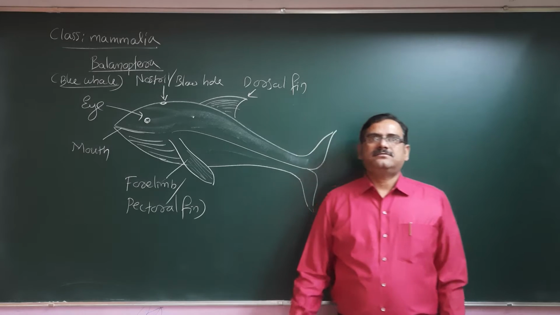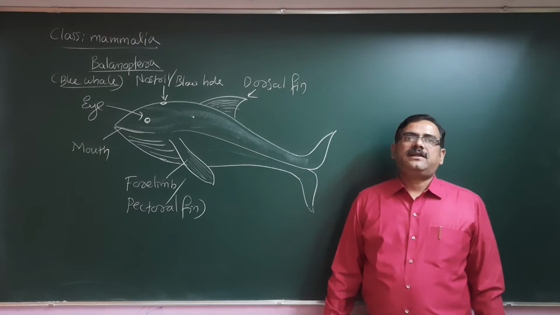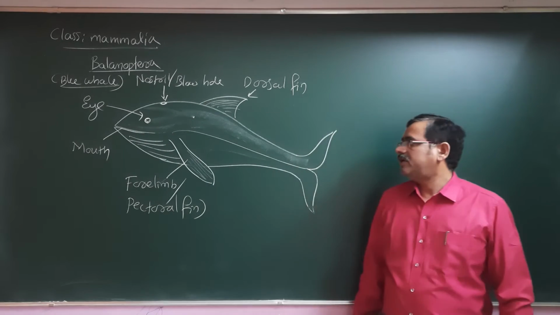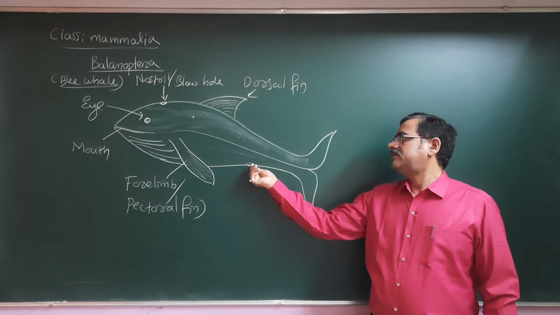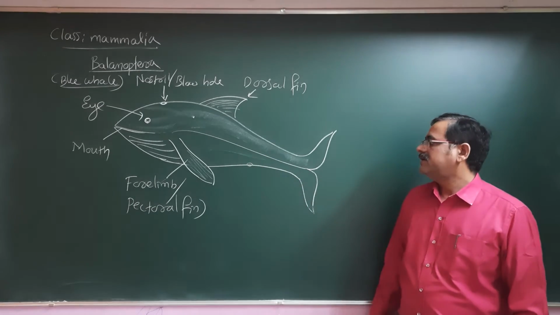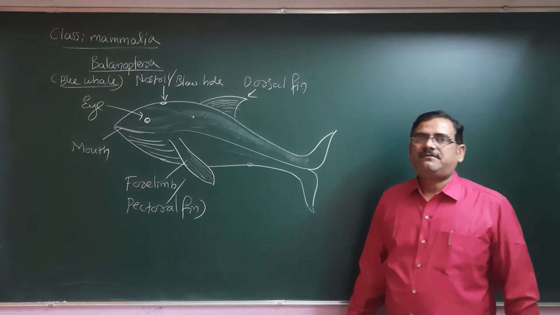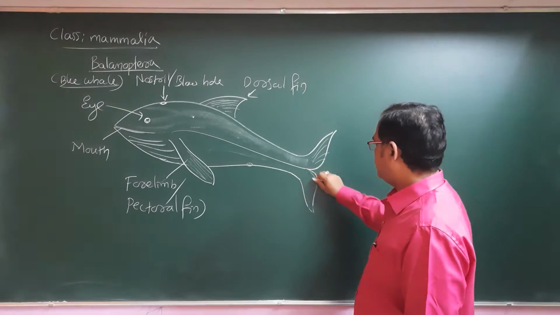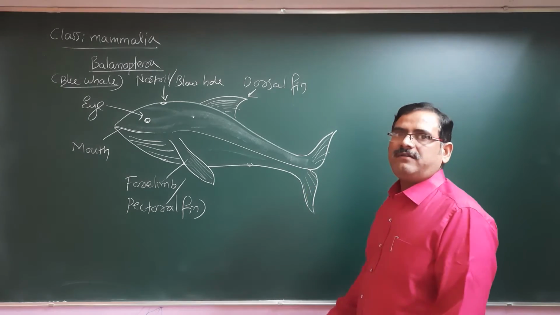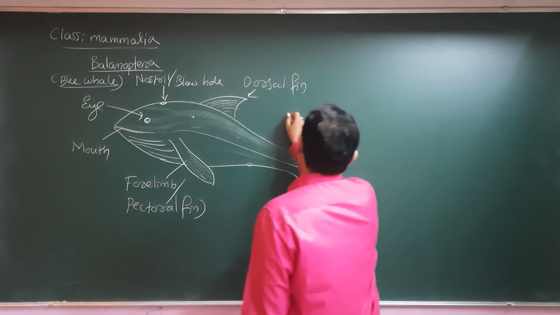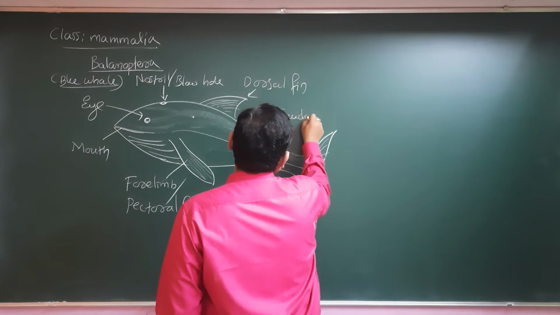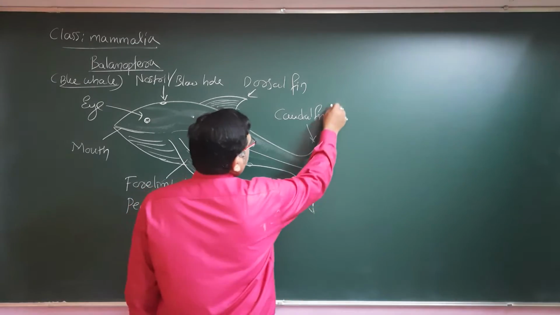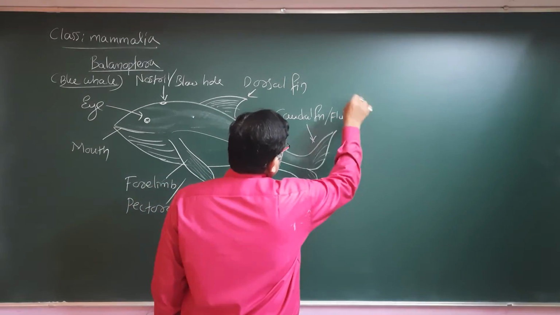The whales are the largest mammals, and they are aquatic. They have the mouth at one end, and at the other end they have the anus as well as the genitalia, and the tail, which we call the caudal fin, also known as the tail fin, or the fluke.